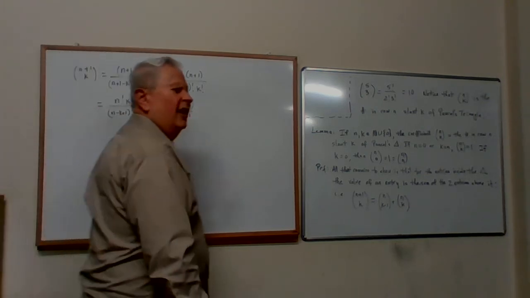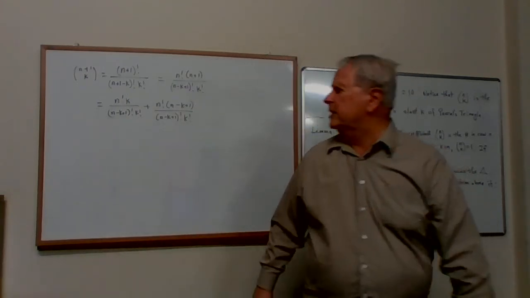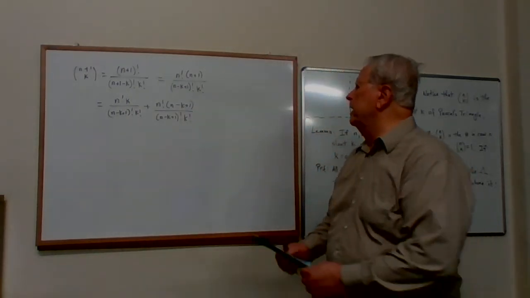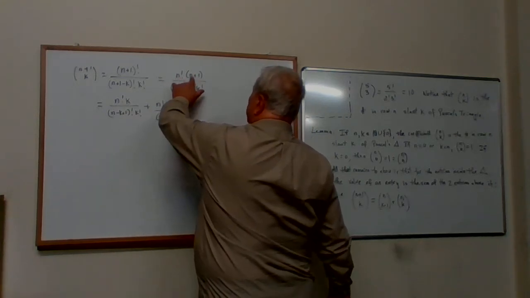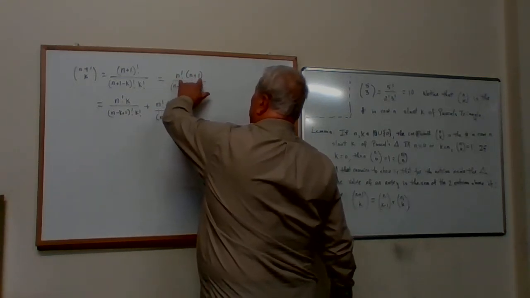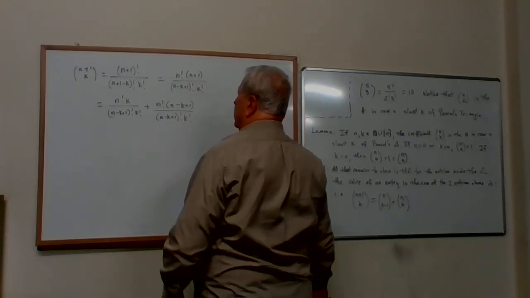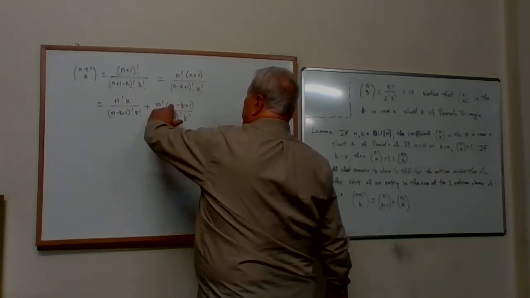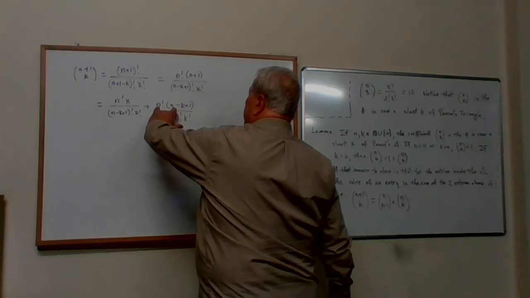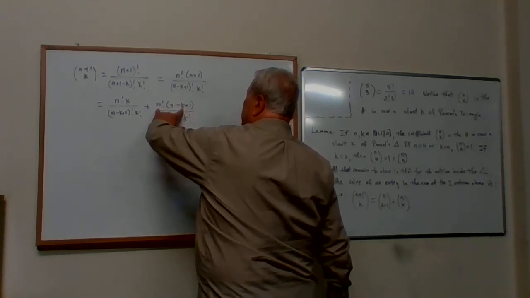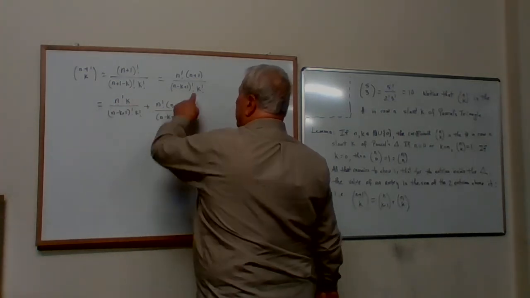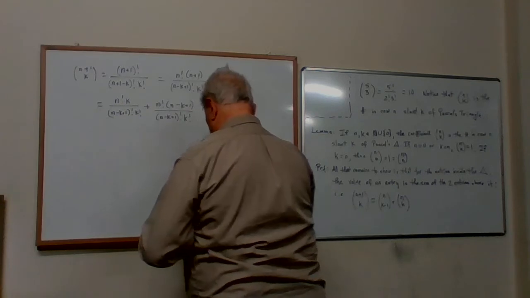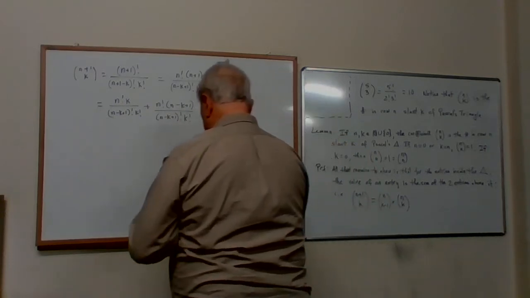And the people all said, huh, what? Well, take a look at what I've done. This is n factorial times n plus n factorial times 1. And this is n factorial times n plus n factorial times 1, but minus n factorial times k, but that's no problem because I'm adding that here. So these two are still equal. And that's my sneaky trick.